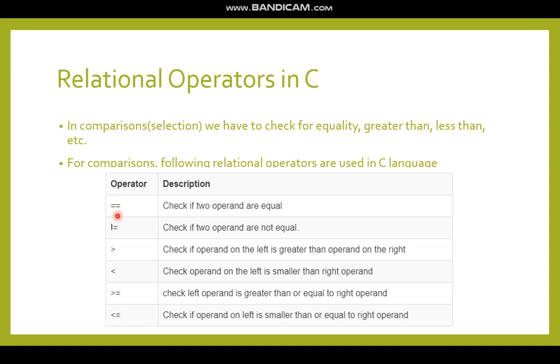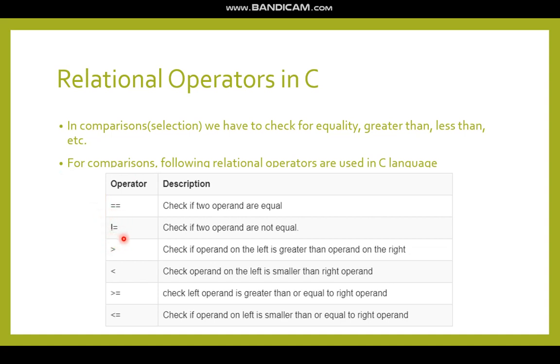Keep in mind that if you want to check whether two values or variables are the same or equal, you must use two equal symbols. One equal symbol means assignment, so it will assign a value to a variable. You were already familiar with that assignment.